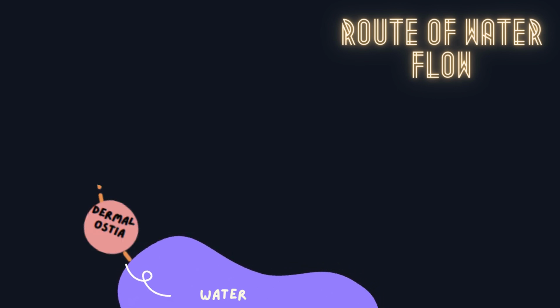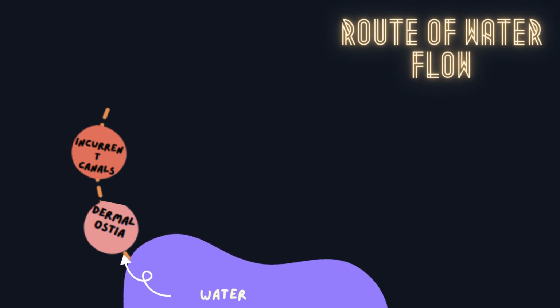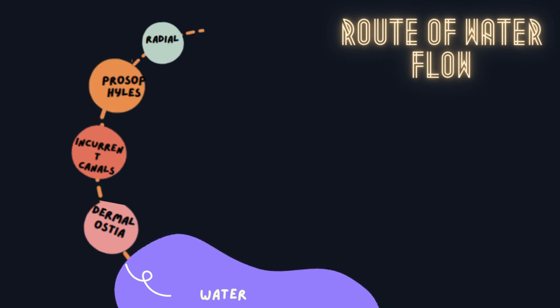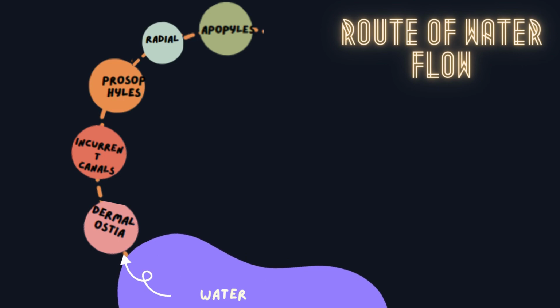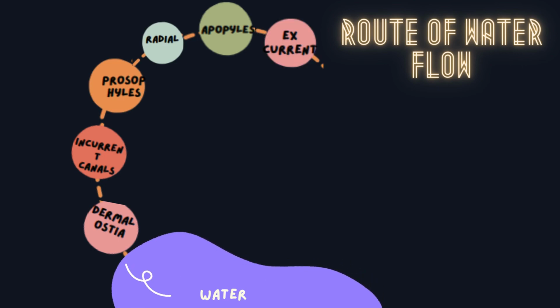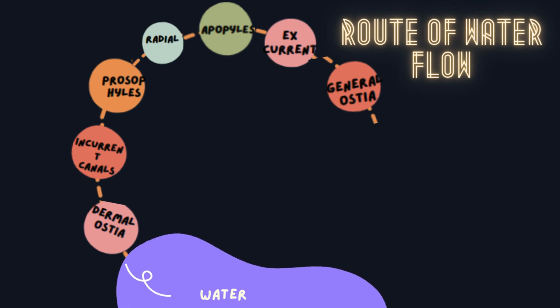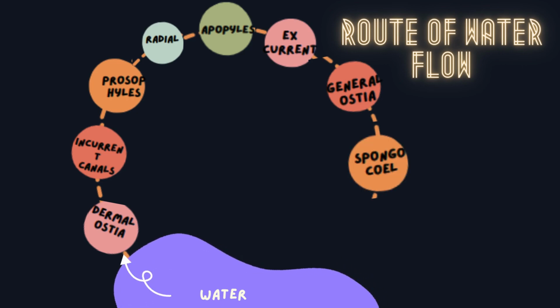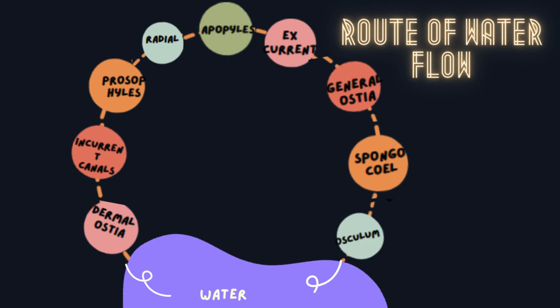Now, route of water flow. Water comes from outside through the dermal ostia, enters the incurrent canal, then through prosopyles enters the radial canals, then through apopyles enters the excurrent canal, and then through gastral ostia it goes to the spongocoel, and after that goes outside through the osculum.